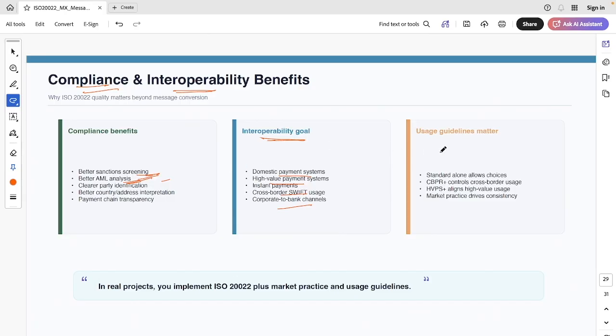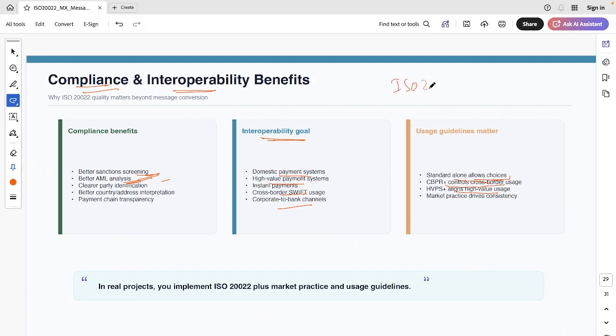The ISO 20022 standard allows different usage guidelines across switches. CBPR Plus controls SWIFT cross-border usage. HVPS Plus aligns high-value payment system practices. Domestic schemes and market practices may define their own rules. So two ISO 20022 implementations may not be identical.